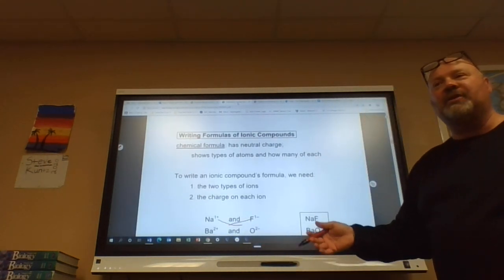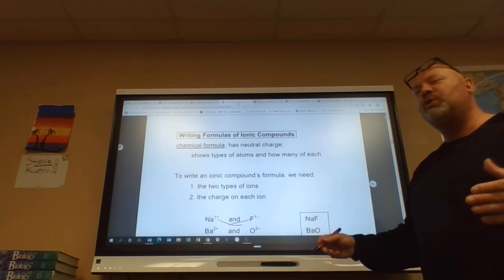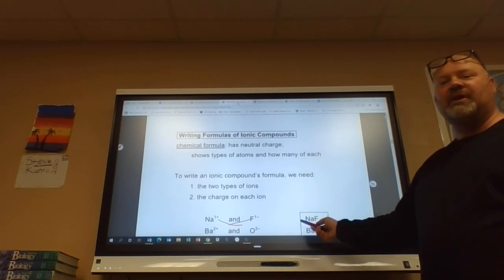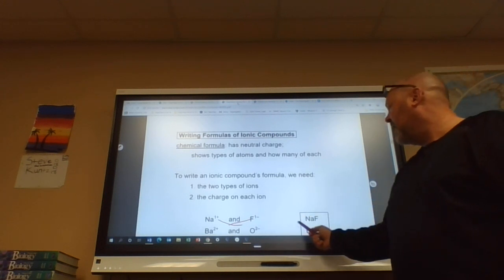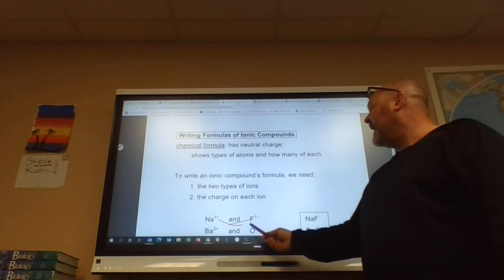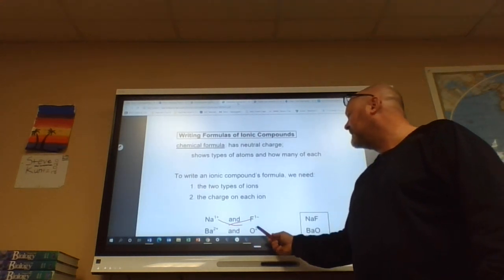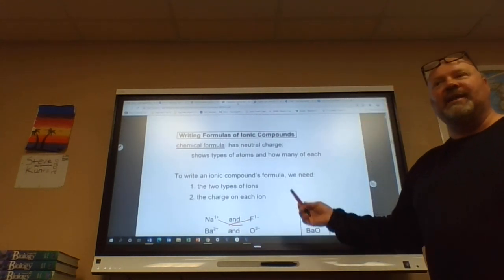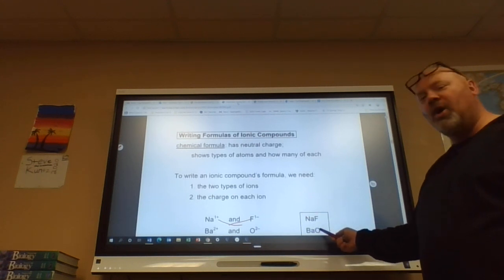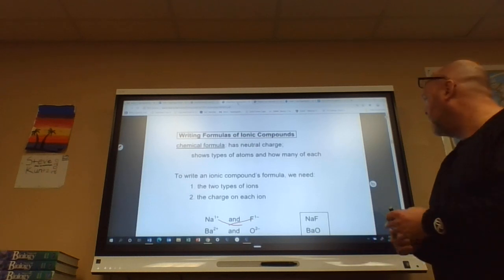If they're the same numbers, if it's 1 and 1 or if it's 2 and 2, you don't have to write the numbers. You just write the symbols of the elements. So in this case, I write it as NaF. Okay? Now I have barium, which is a 2+, oxygen is a -2. They balance each other out. They're the same number. I just write it as BaO. Okay?